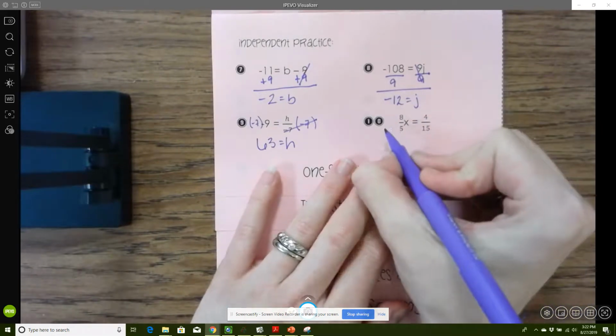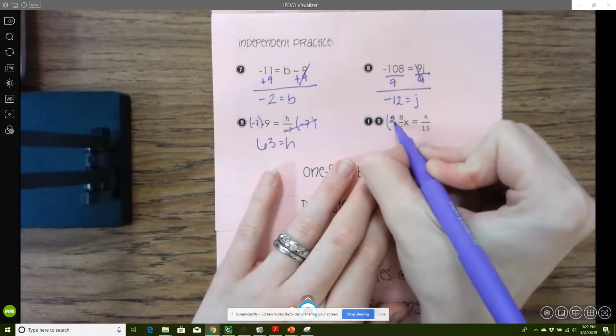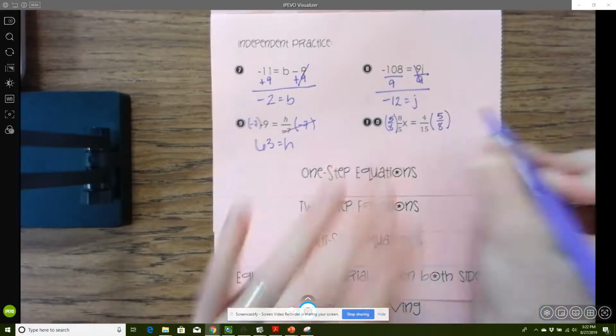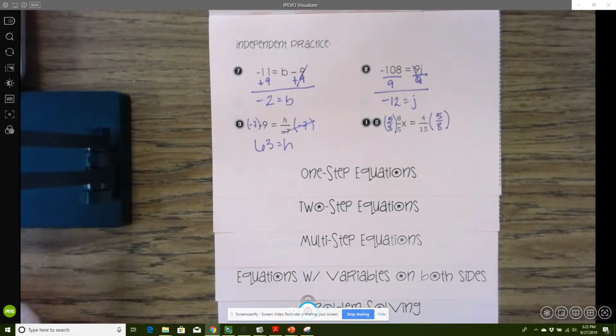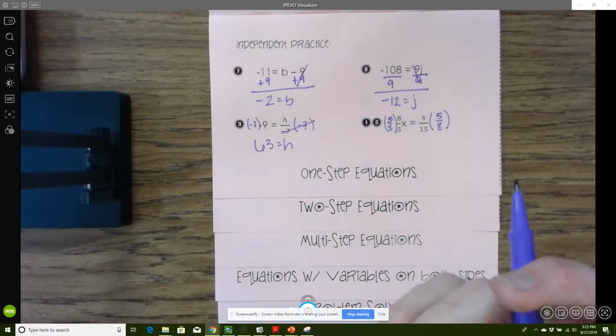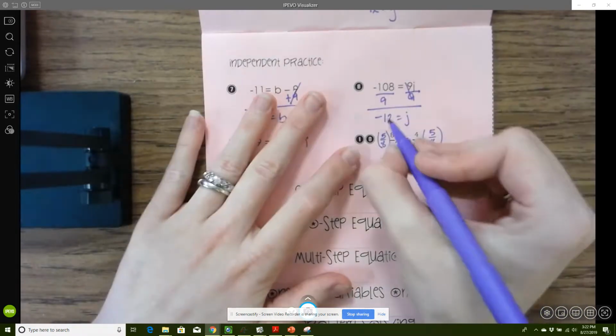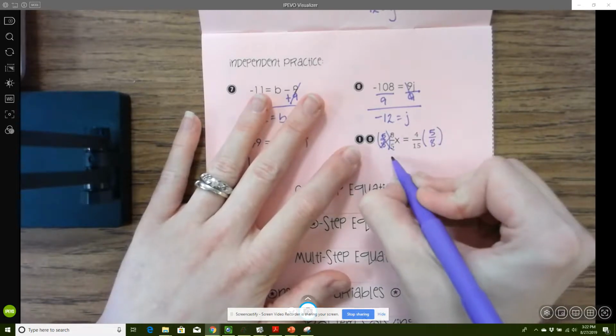And then again, we're multiplying by reciprocals if we have fractions. And so 4/15 times 5/8, let's see, would give me 1/6. So these cancel.